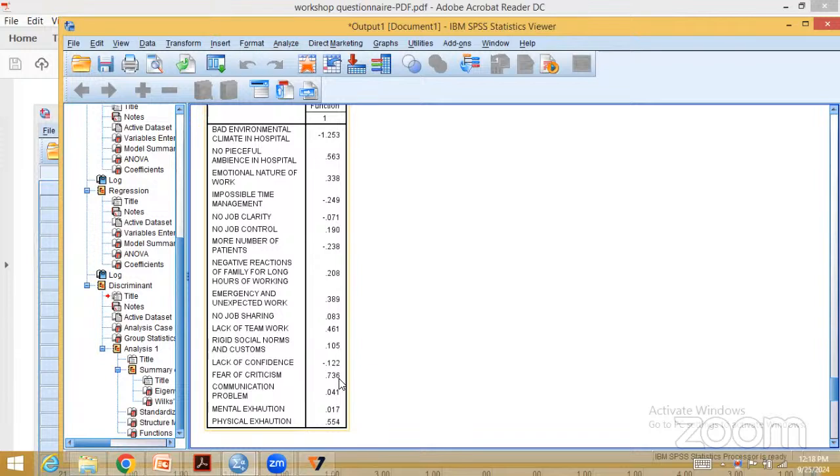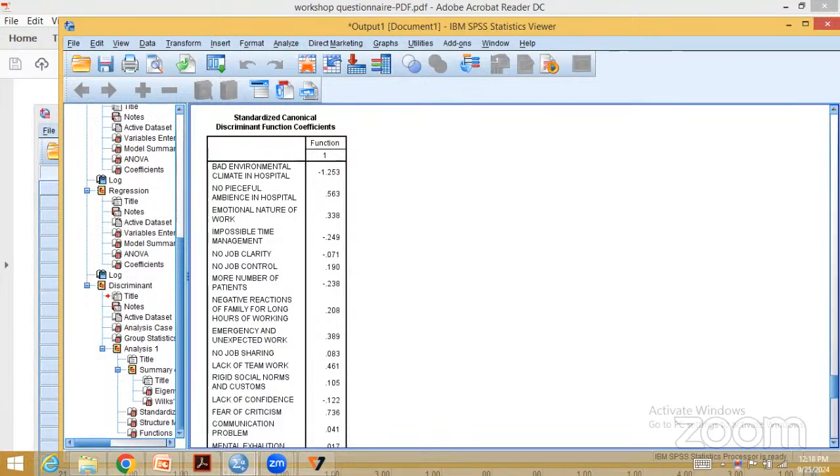This is the most scientific method of data analysis, provided you have a relationship between nominal to interval, and the centroid matrix has coefficients positive for one group and negative for another group. Based on the positive and negative coefficients in the centroid matrix, we identify the highest positive and highest negative coefficient in the standardized canonical discriminant function coefficient matrix.